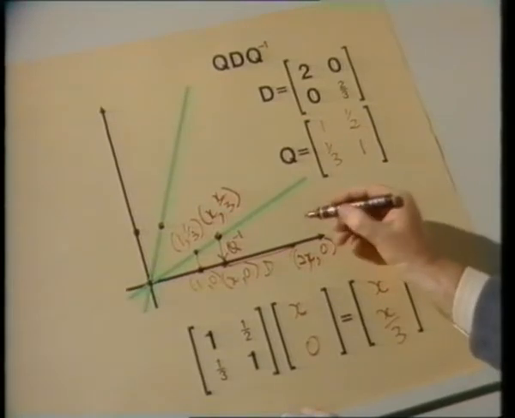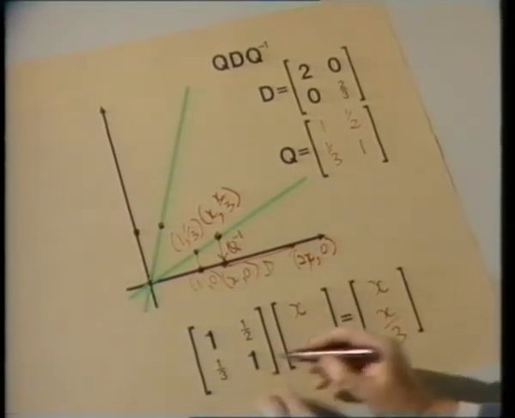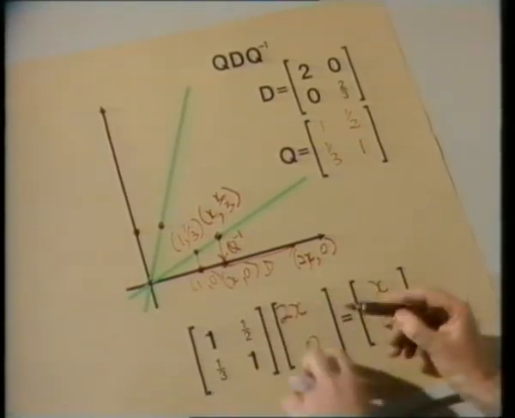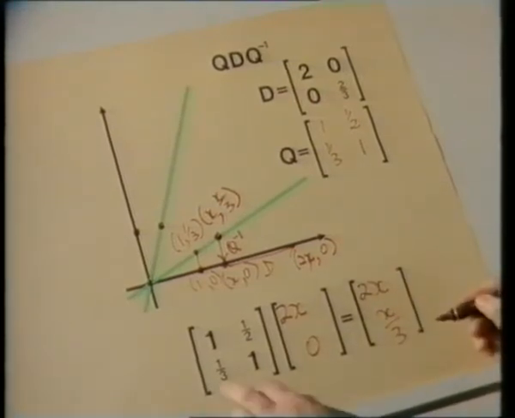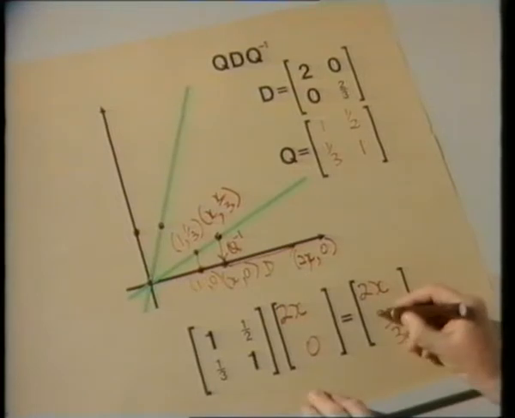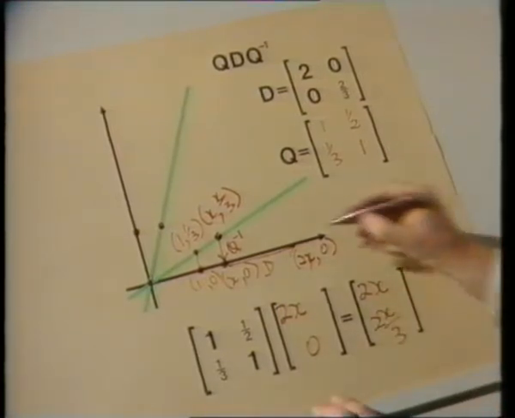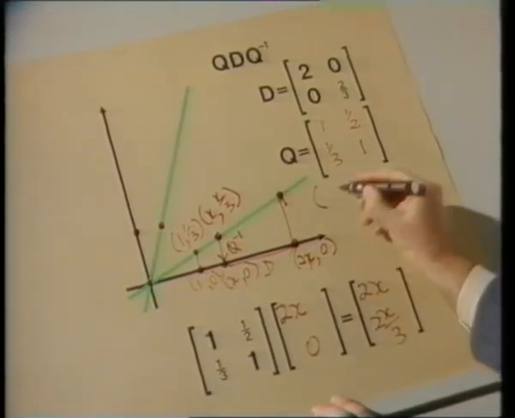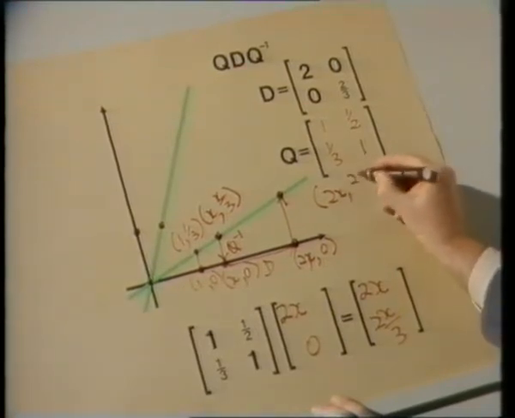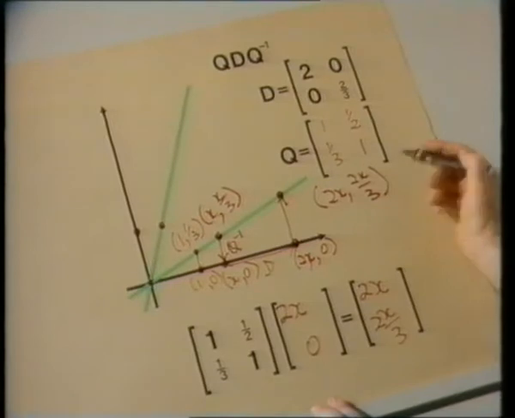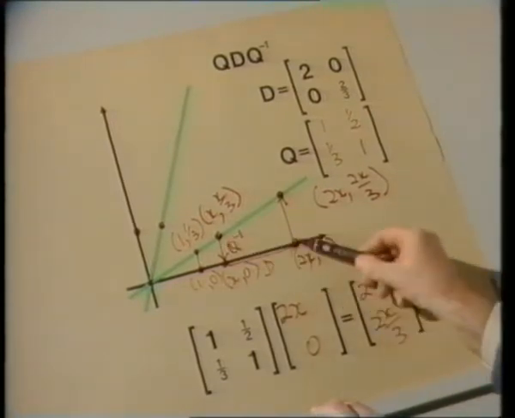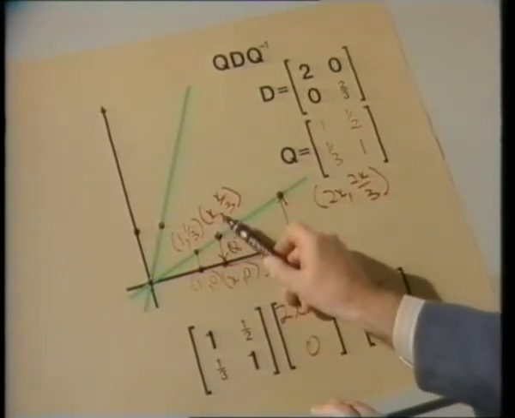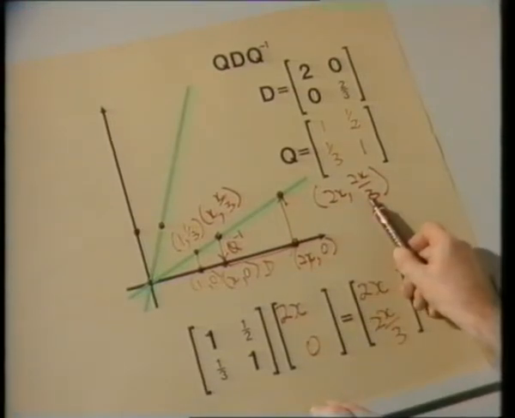Now lastly, we have to transform (2x, 0) by Q. Here's Q, multiply it by (2x, 0). 1 times 2x plus 1/2 times 0 gives us 2x. A third times 2x plus 1 times 0 gives us 2x over 3. So this point gets transformed up to here, which has coordinates (2x, 2x/3). So we can see that applying the three transformations does scale along this eigenline by a factor of 2 because the coordinates have just got multiplied by 2.